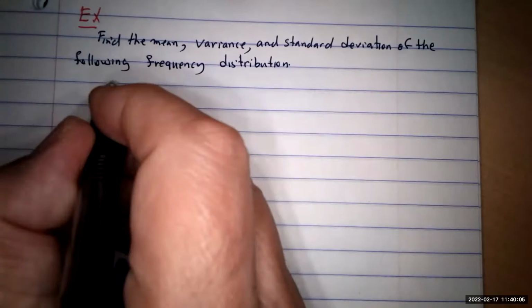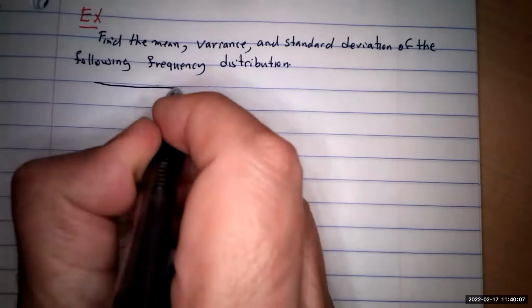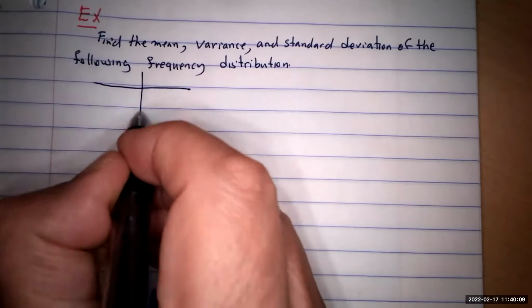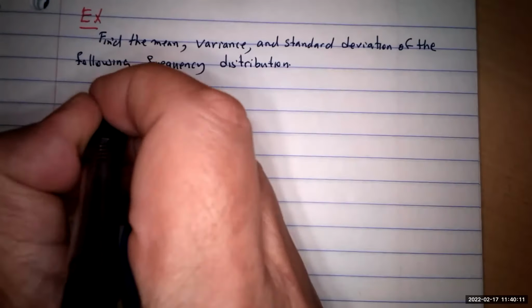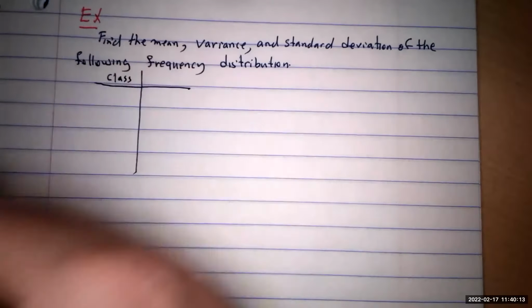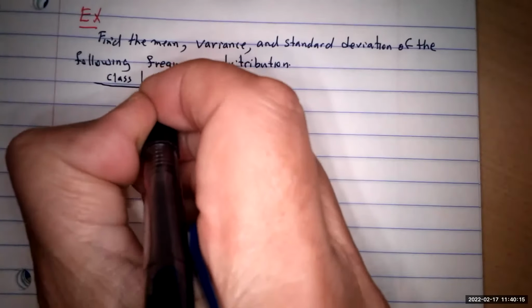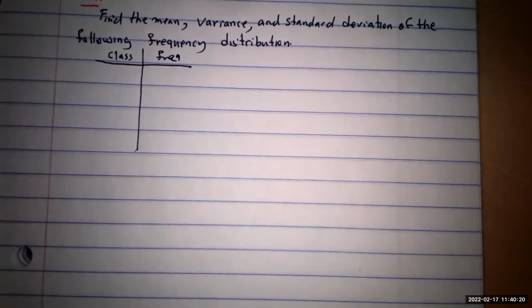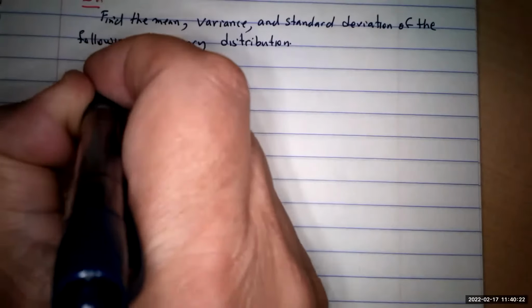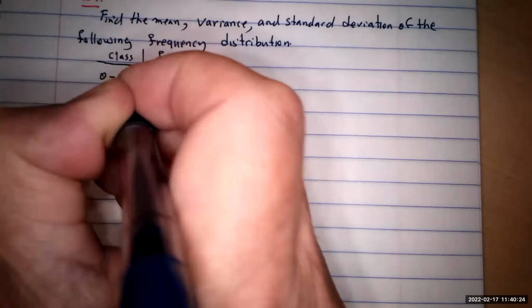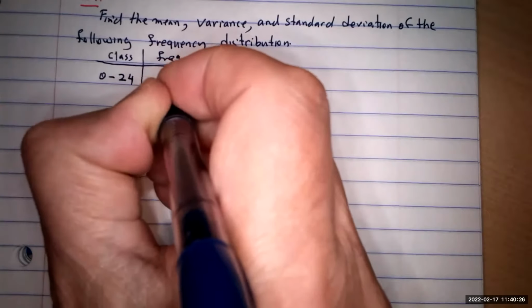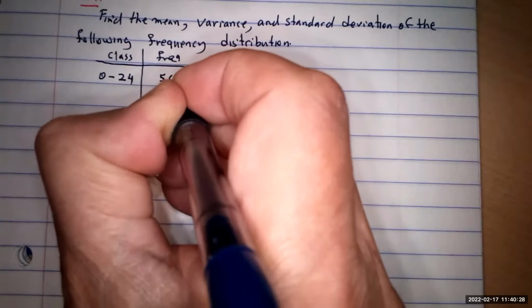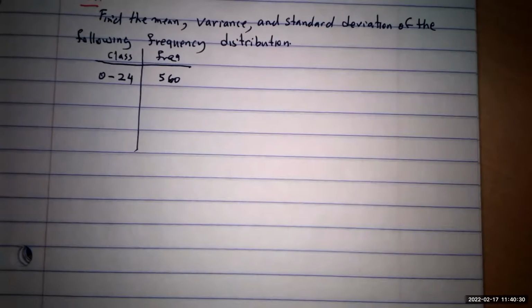Okay, so there you are. This is all you are going to be given. So we are going to have classes and the frequency. In this case, class between 0 and 24, frequency of 560.